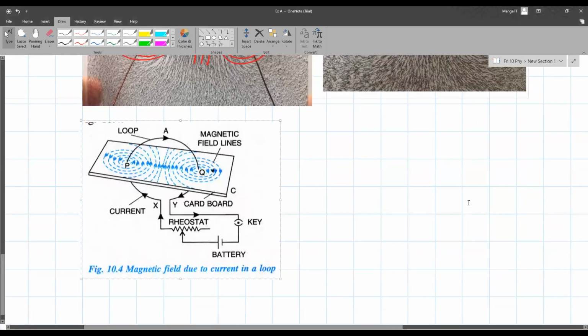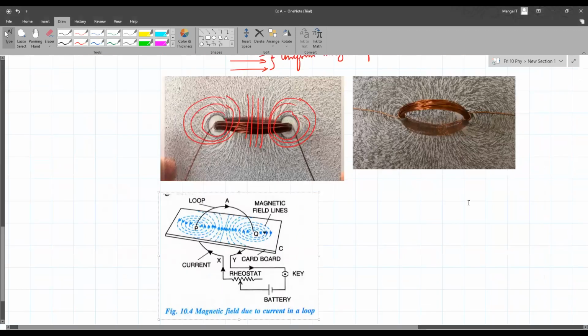So you can see that this is the diagram. You have the cardboard and you have the magnetic field lines which are forming concentric circles, and the lines in between over here are kind of parallel.